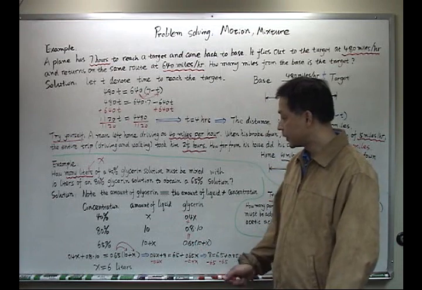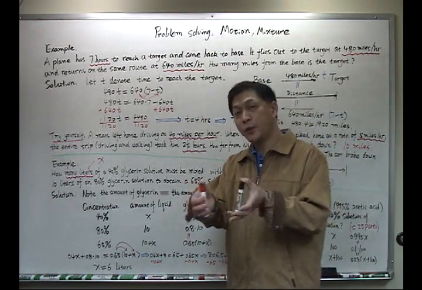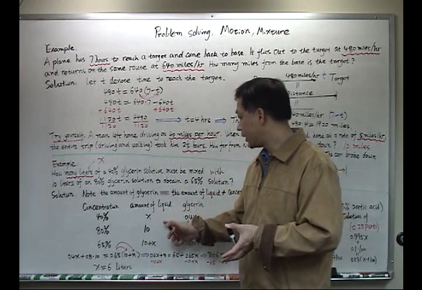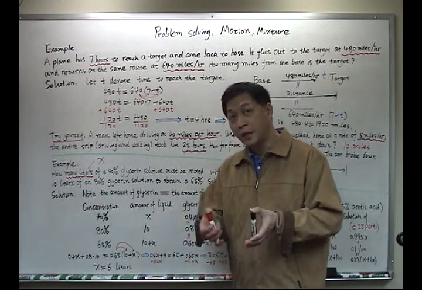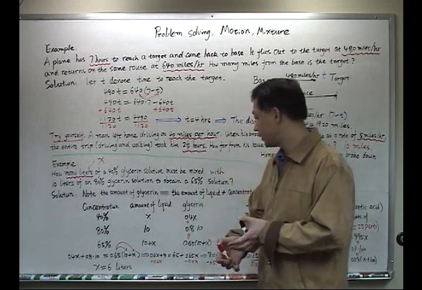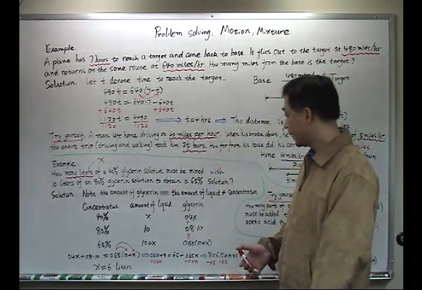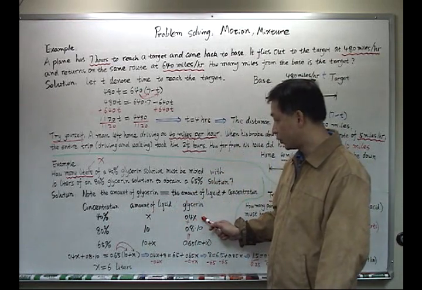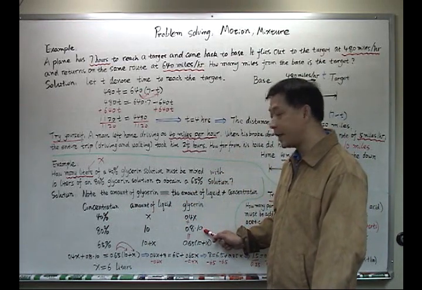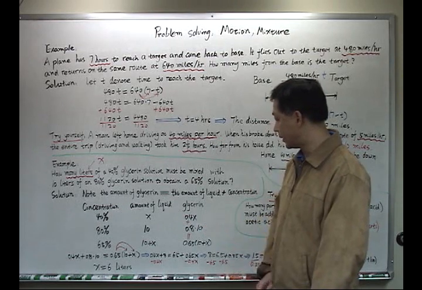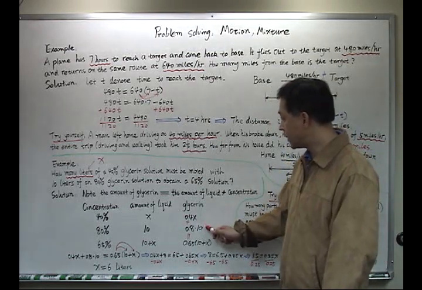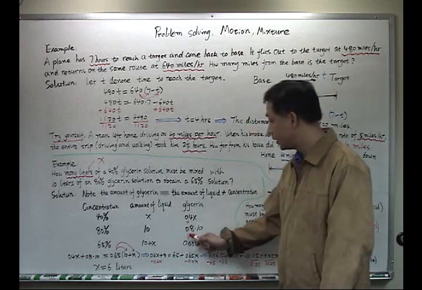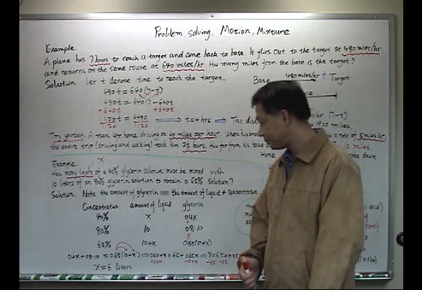We know when you add 2 liquids together, the amount of liquid is 10 plus X, and the amount of glycerin is the glycerin in the 40% solution and the glycerin in the 80% solution added together. Those two added together should equal the glycerin in the last cup.